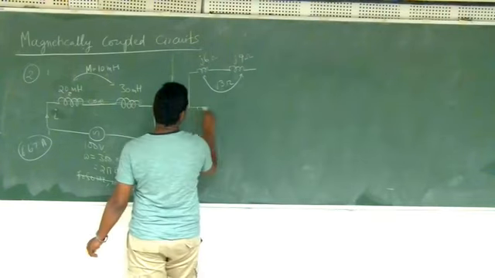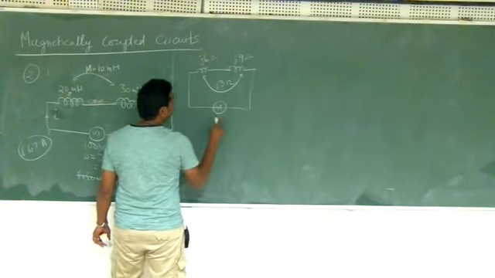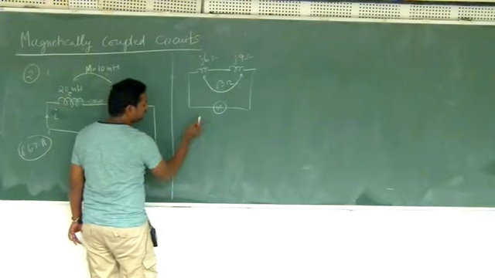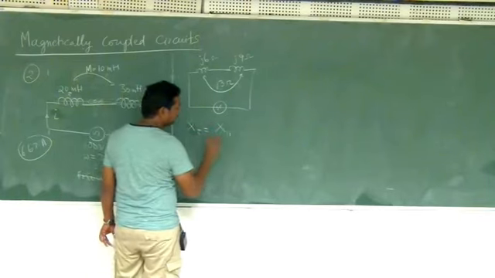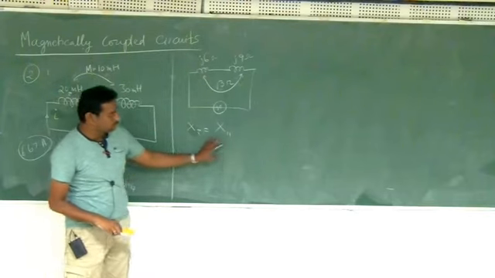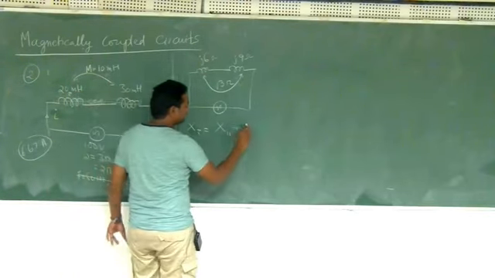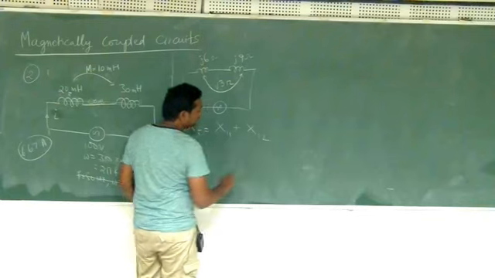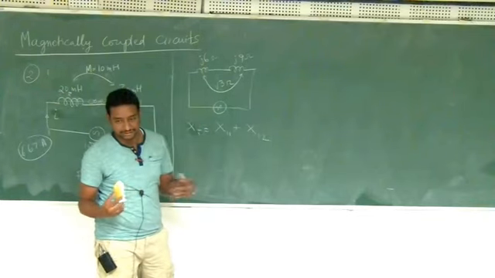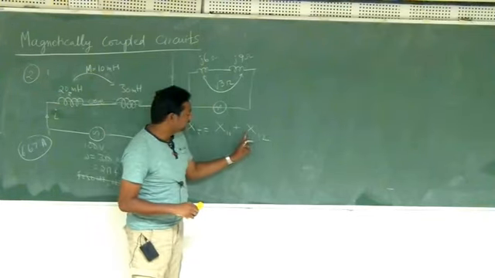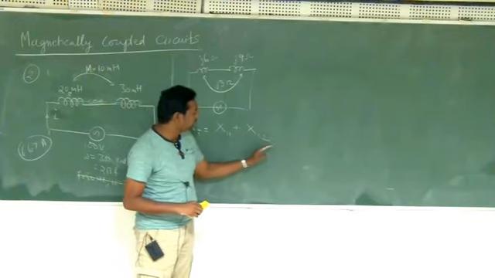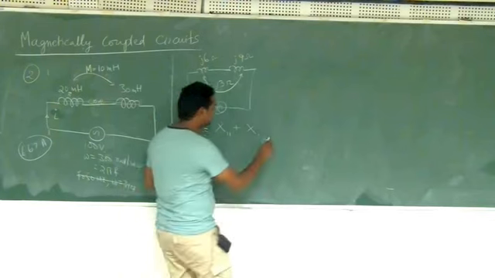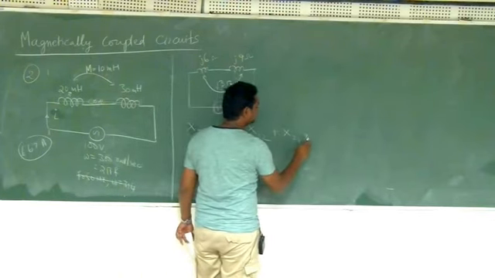So if I actually write it now, the total impedance XT will be X11, the self inductance of the first coil, plus X12, which I could give a notation as the mutual inductance of coil 2 on coil 1, plus X21 and then X22.